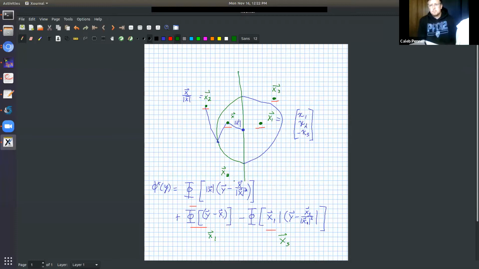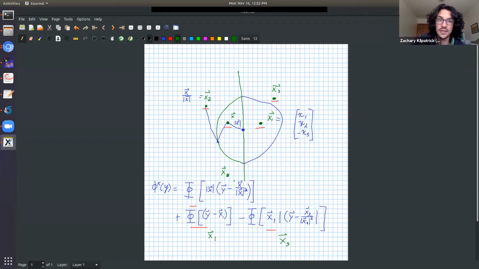Here you have the intersection of a half space and a ball, and so you essentially need 2 to the n total pieces in your Green's function to account for all of these intersections.